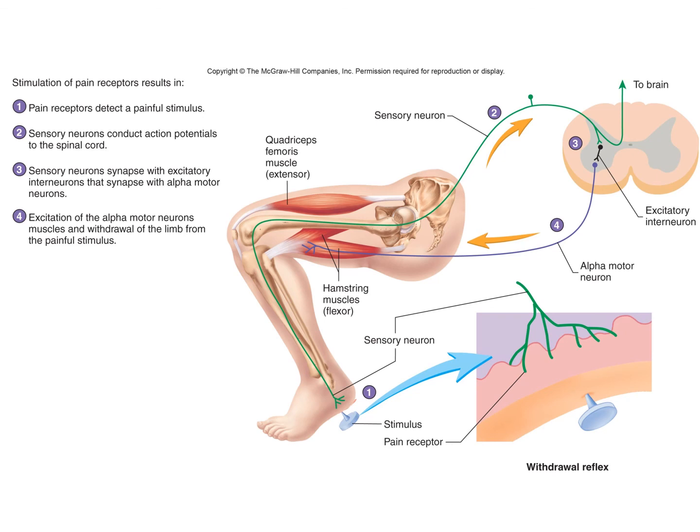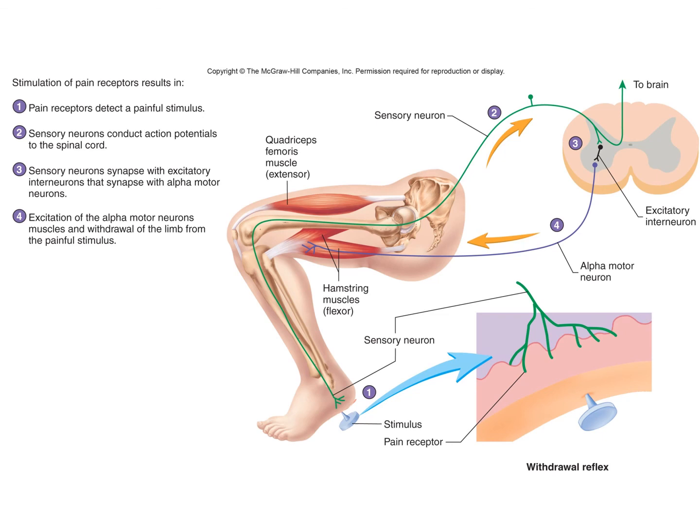An action potential is conducted along a sensory neuron up to the dorsal root of the spinal nerve, enters the gray matter of the spinal cord, makes a connection to an interneuron, which then stimulates a motor axon to cause muscles to contract that would pull your foot away, withdraw your foot from that painful stimulus.